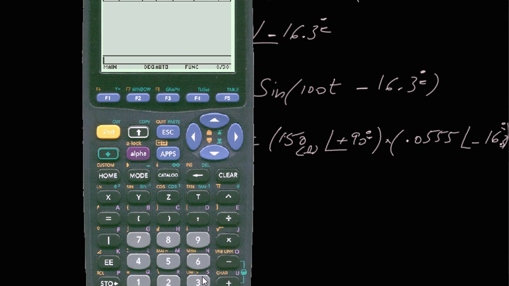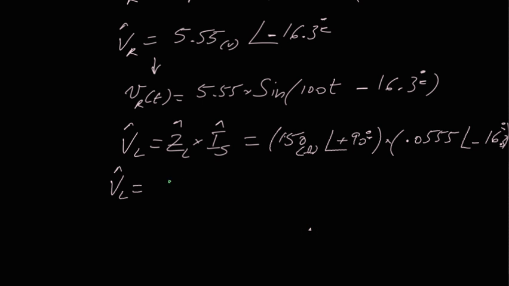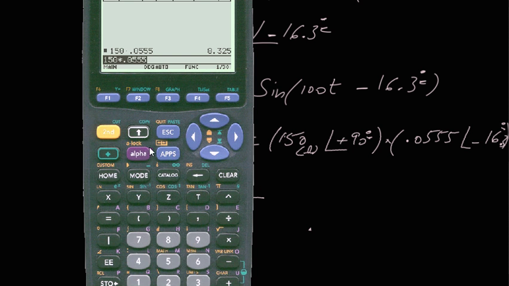So 150 times 0.0555, that gives us 8.325 volts, obviously, and the angle was 90 minus 16.3, that gives us 73.7.